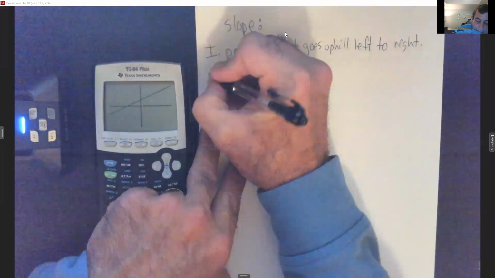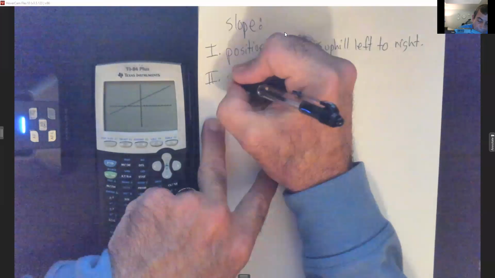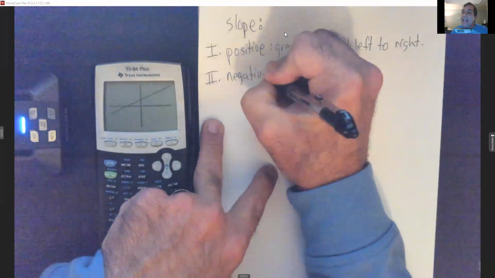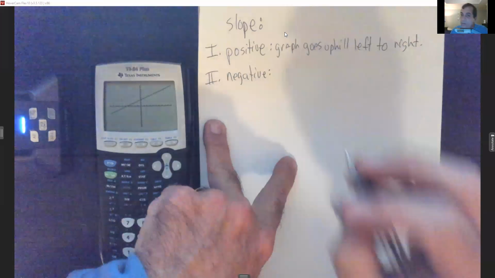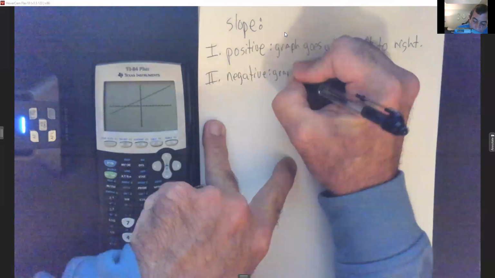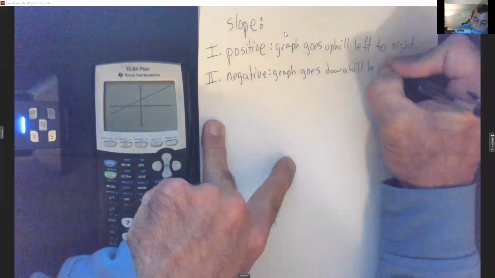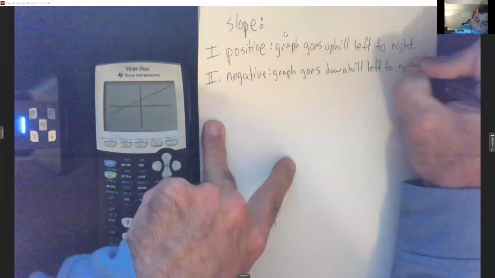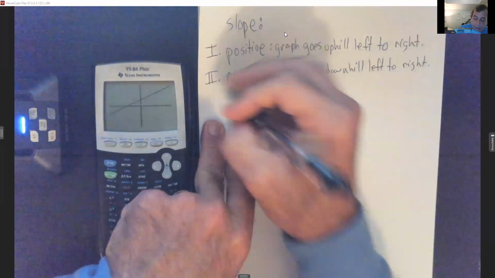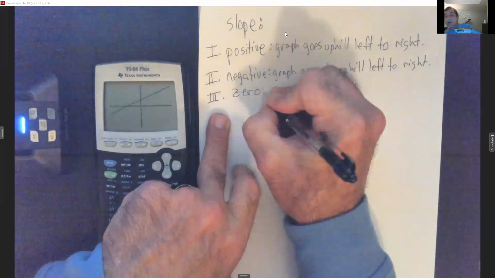Second case, that slope could be negative. If the slope is negative, it's going to go downhill, left to right. And the third case, that slope could be 0.